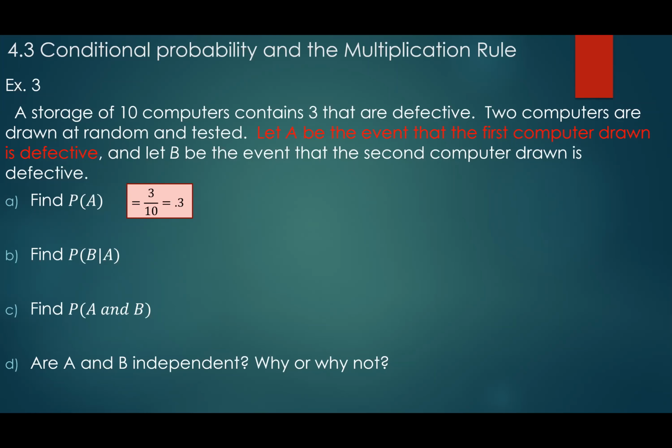Now they ask you to find the probability of selecting a second computer and it being defective, given that one of the defective ones is already taken out. Because I did not tell you that we replace it, when I go in the second time I no longer have 3 defective computers.